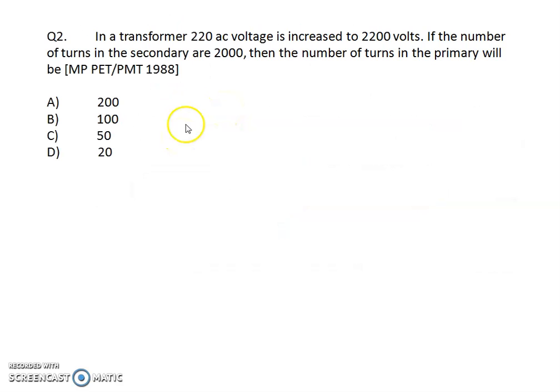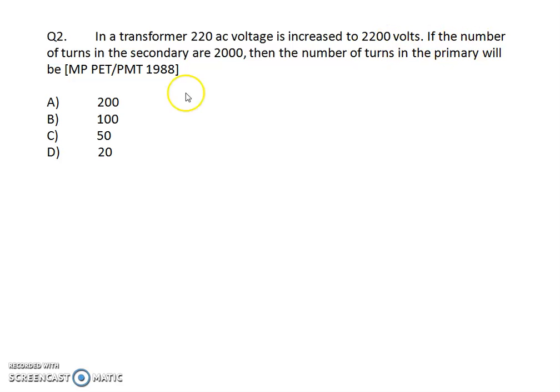Then the second question, in a transformer 220 volt AC voltage is increased to 2200 volts. If the number of turns in the secondary are 2000, then the number of turns in the primary will be. So here you are given that in a transformer 220 AC volt is increased to 2200 volts, means this is my output voltage, that is my Vs, this is my Vp.